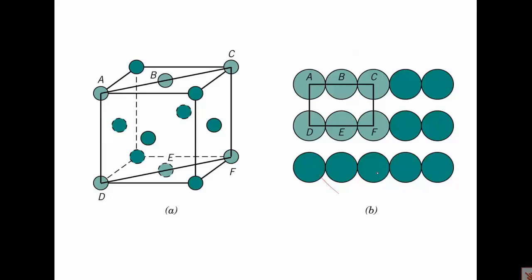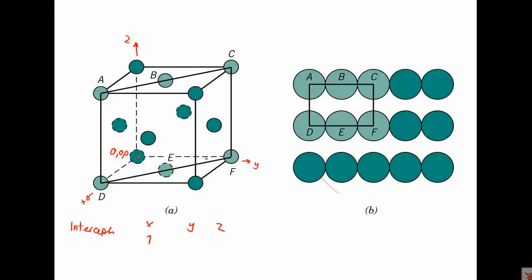So let's index this set of planes. If we choose this as our origin, the intercepts on the x, y, and z axis are, this is the x-axis, this is the y, and this is the z.